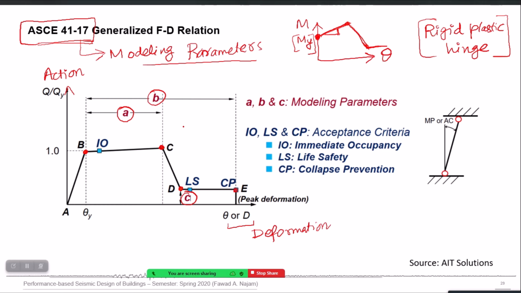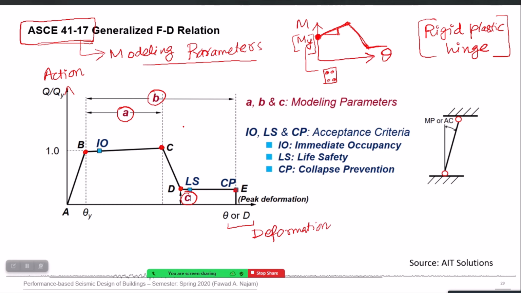So this My will be a function of three things: the cross section of that beam, the amount of reinforcement, and the material properties. All of these three things make this My, and once this My is crossed, as the applied loading is increased during the analysis, the hinge will activate, so it will behave like a rigid element before yield, and then like a plastic element after yield.